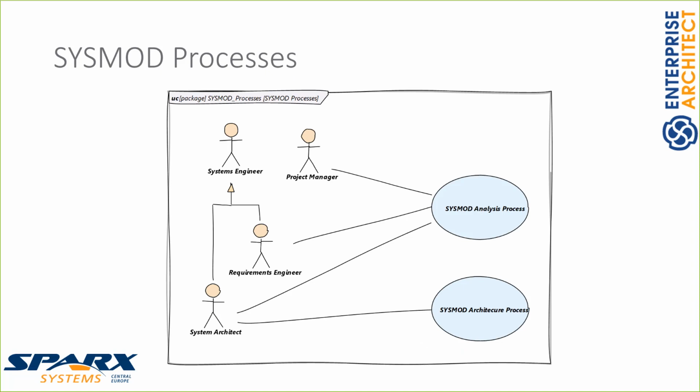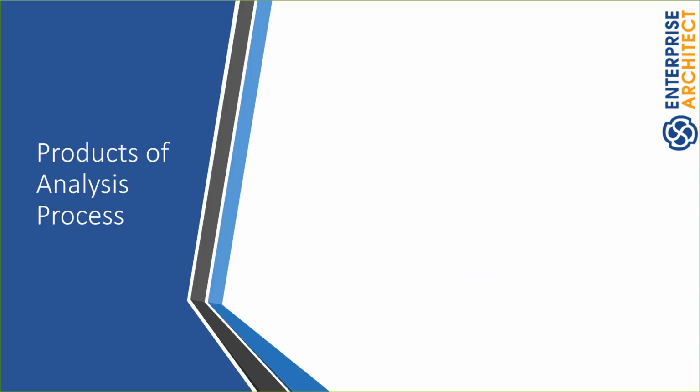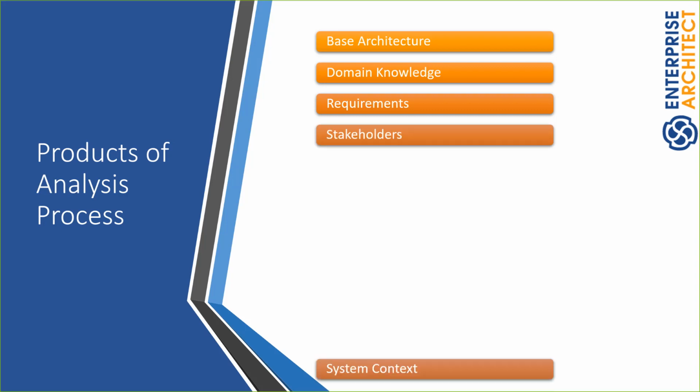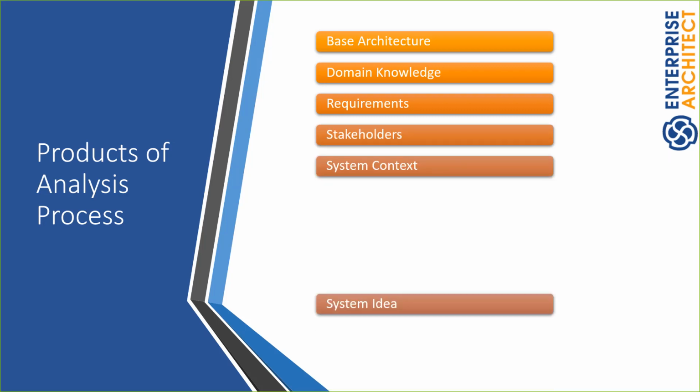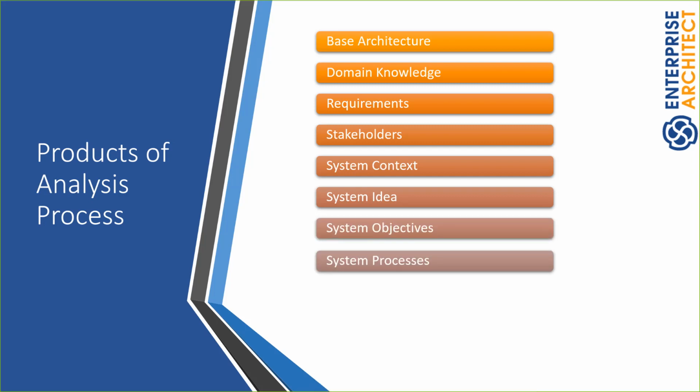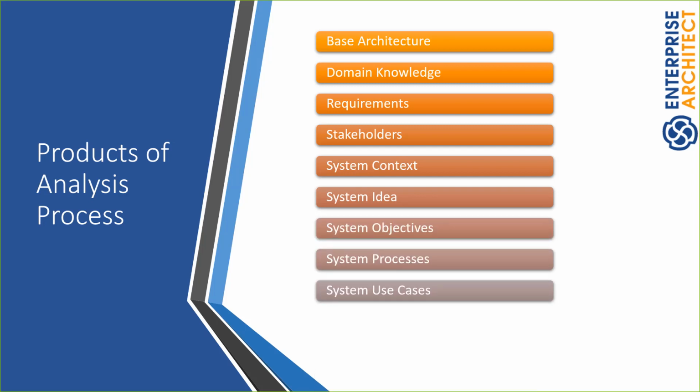This slide shows the two SysMOD processes and SysMOD roles that perform the embedded SysMOD methods. The following products are the outcome of the SysMOD analysis process: base architecture, domain knowledge, requirement stakeholders, system context, system idea, system objectives, system processes, system use cases, and use case activities.